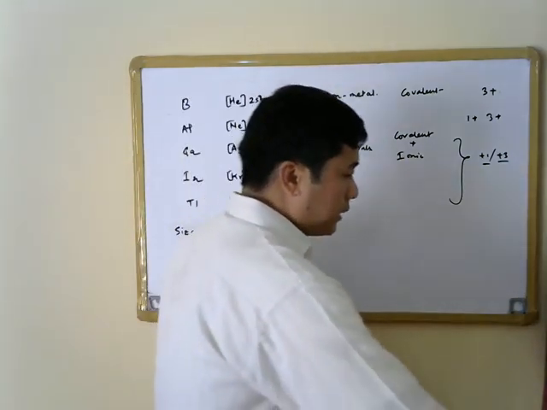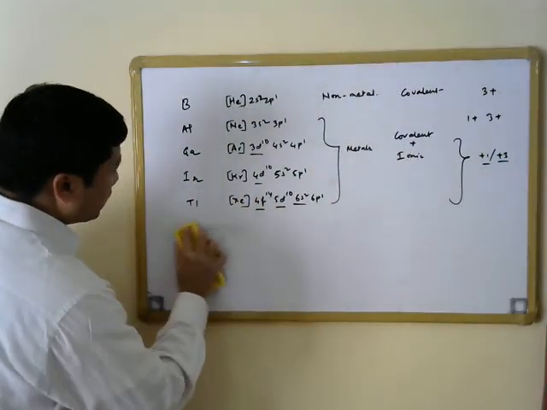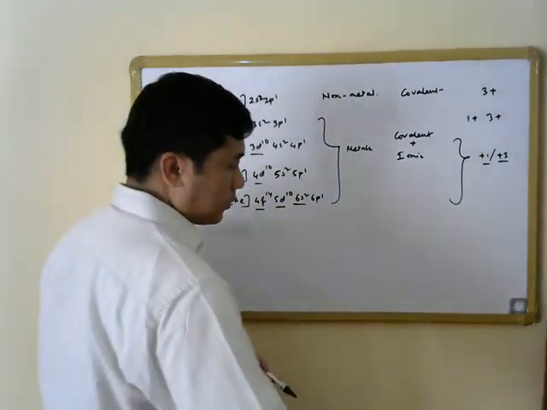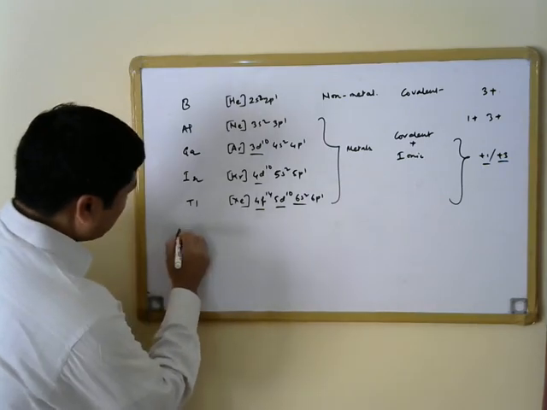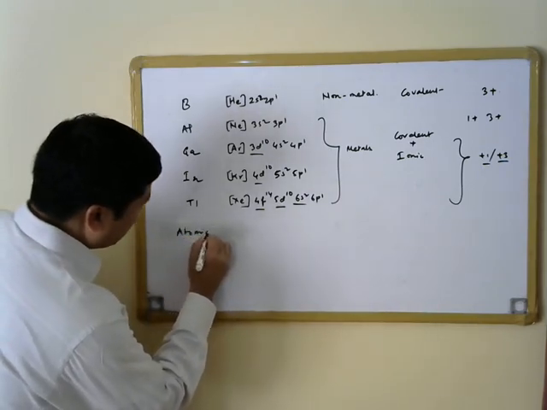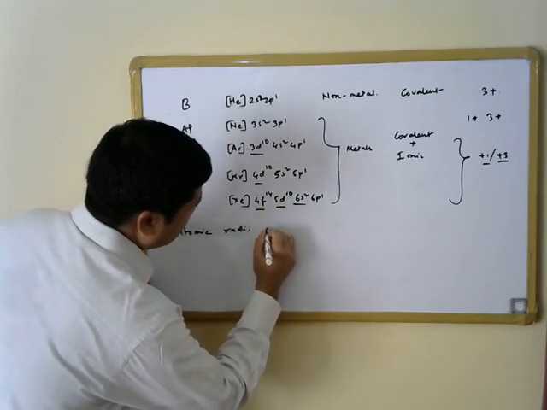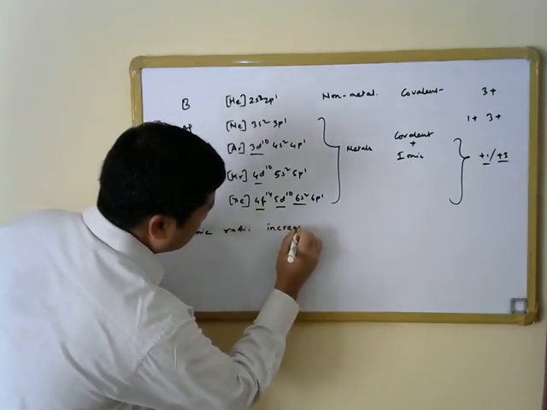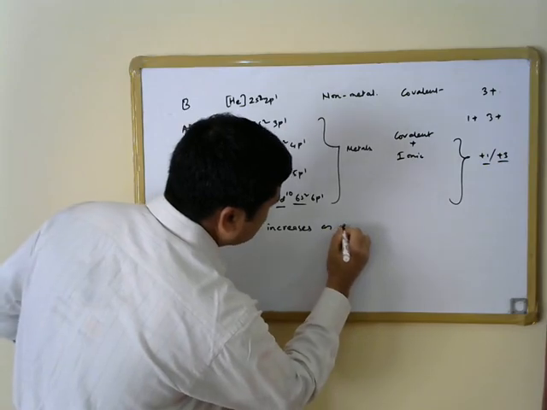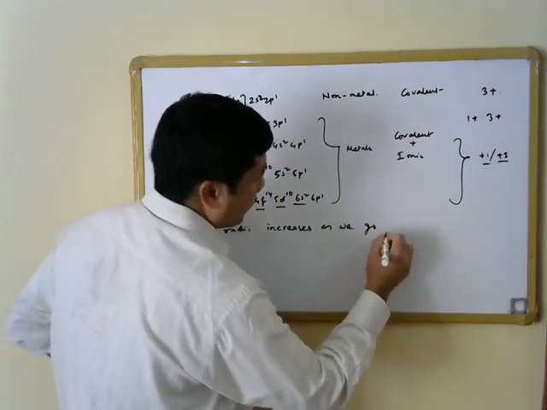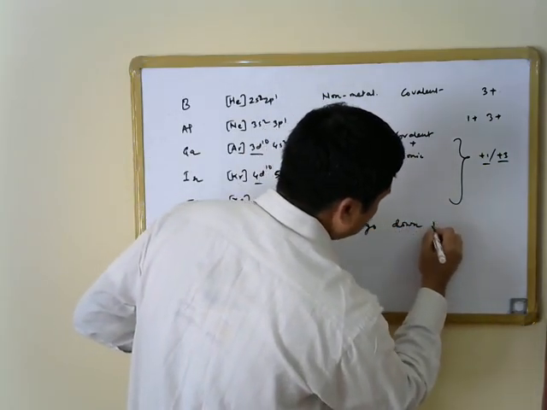Atomic radii increase as we go down the group.